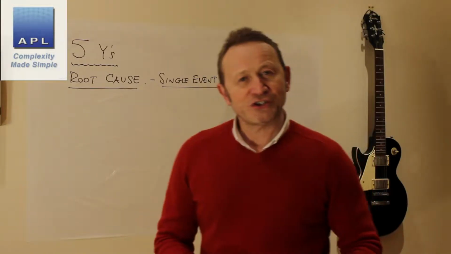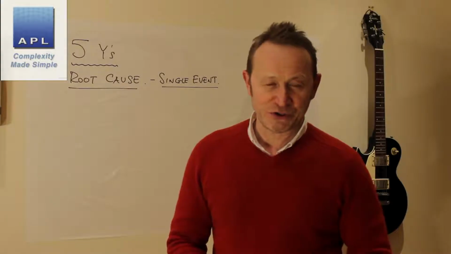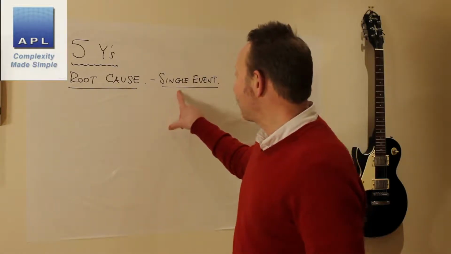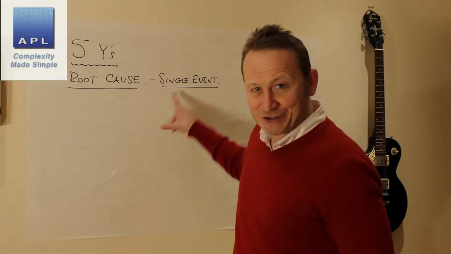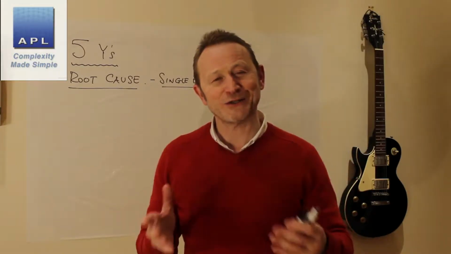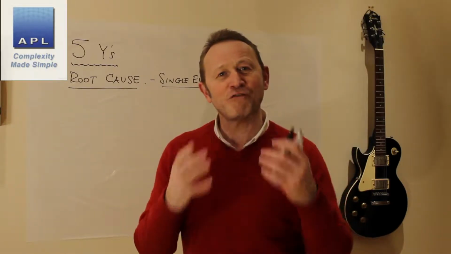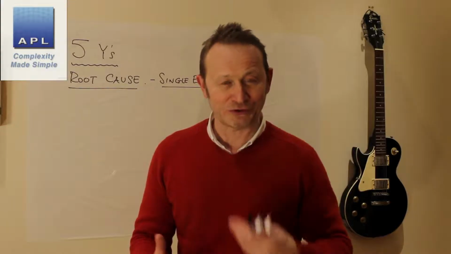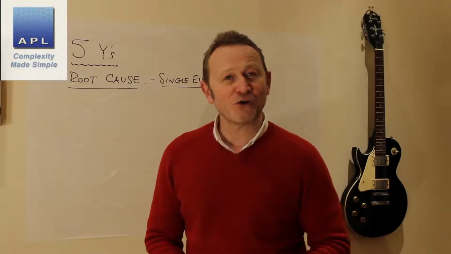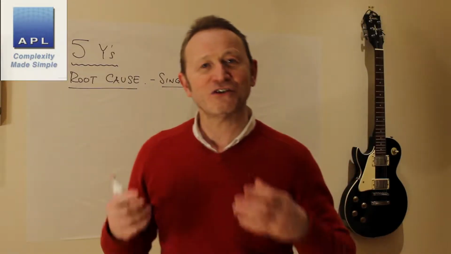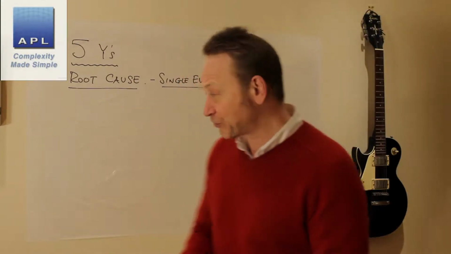The trouble is that in 99% of companies there is no single event that's causing your problem. There is often a multi-causal problem, and it goes to the heart of getting control of a process.